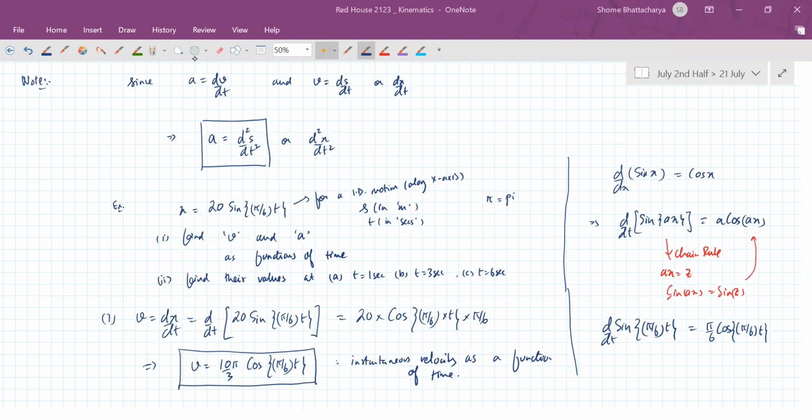If you think in terms of dimensions, sine or cos applies to what kind of quantity? A dimensionless quantity, which is expressed in radians. So the value of that constant is pi by 6, but the unit of that constant is not radians, it is radians per second. When you multiply it with time in seconds, you get an angle in radians.